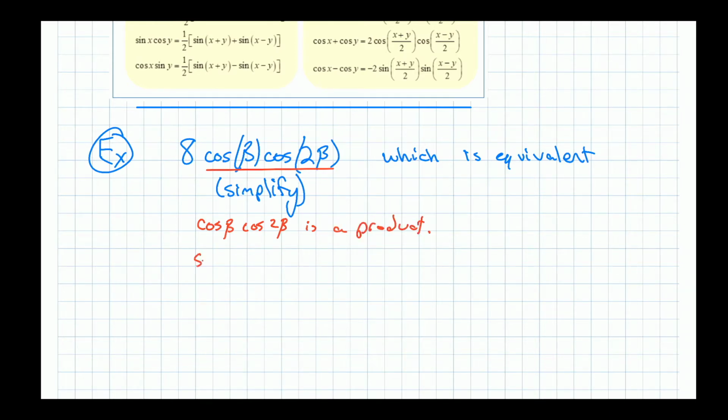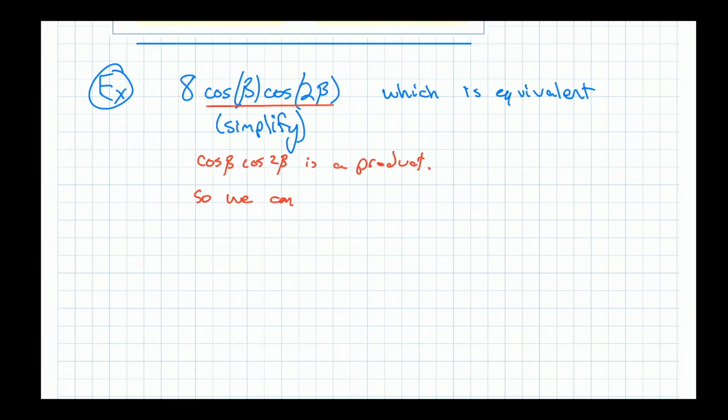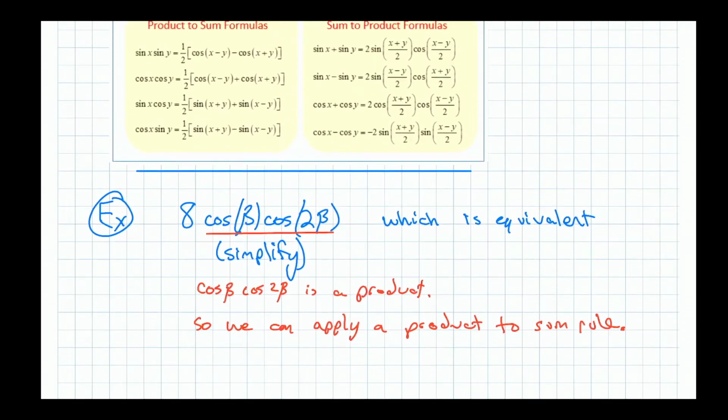So we can apply the product to sum rule. Then you need to figure out which one you're going to be working with.